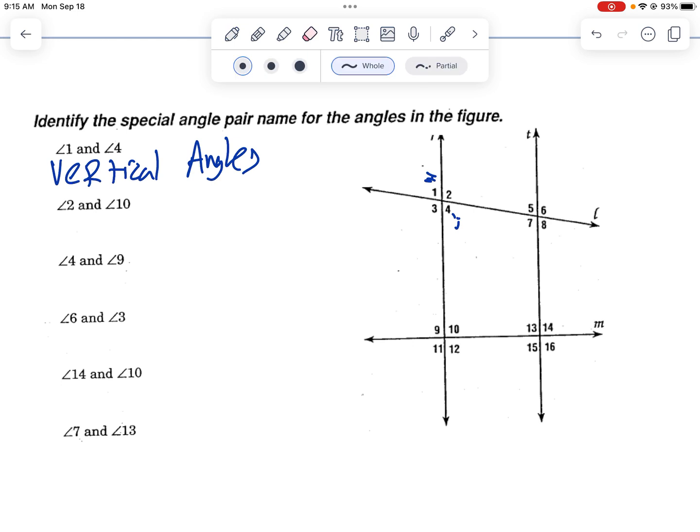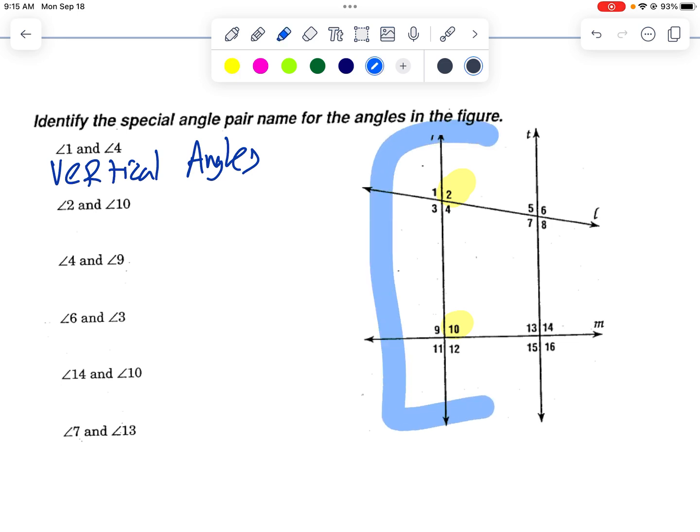So when I'm looking at like 2 and 10, let's say, here's 2 and here's 10. The hard part sometimes is to identify what am I looking at? Since this picture can be turned a lot of different ways, I just want to look at just this part. What's the line that touches both?